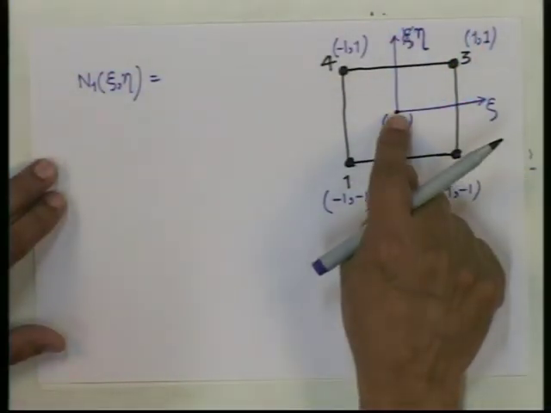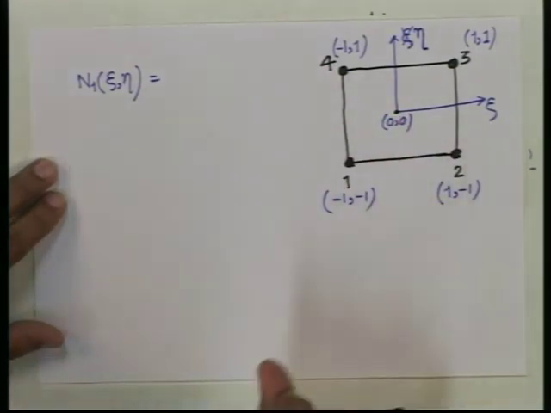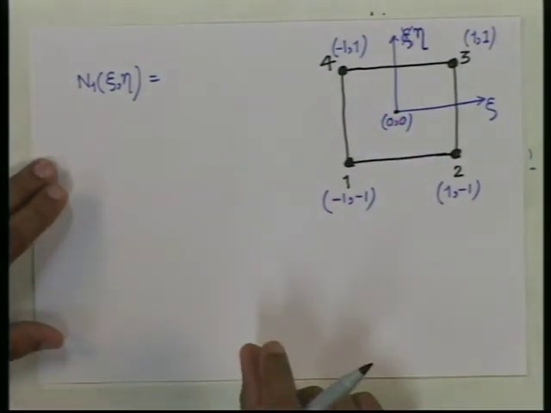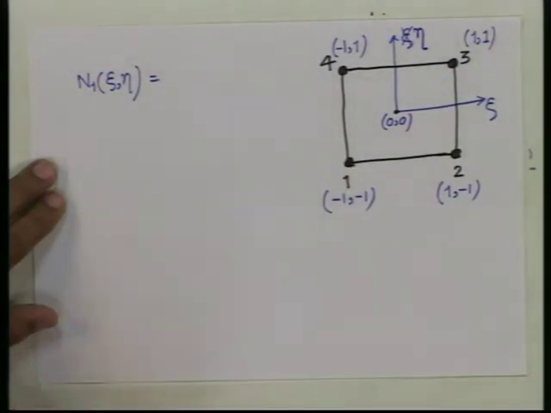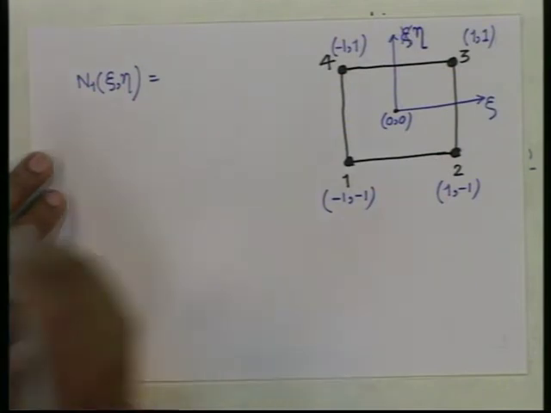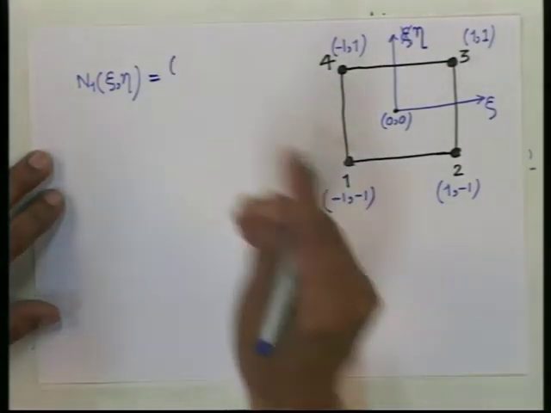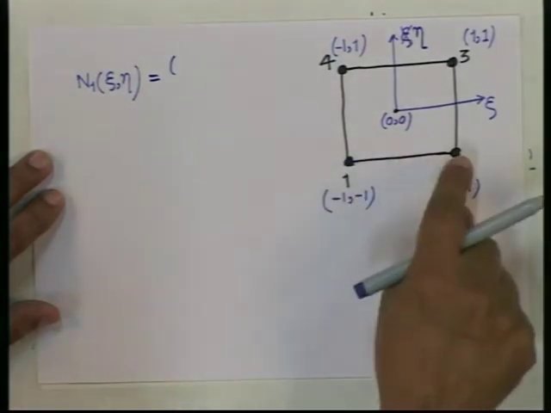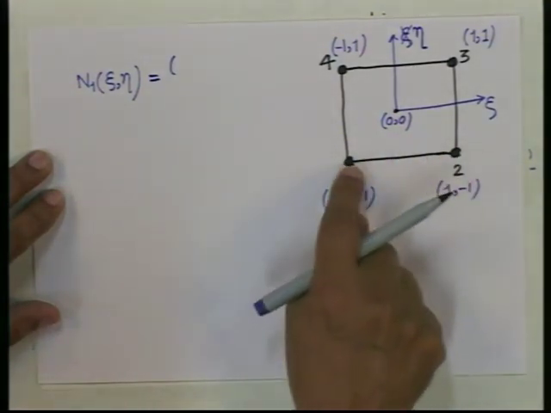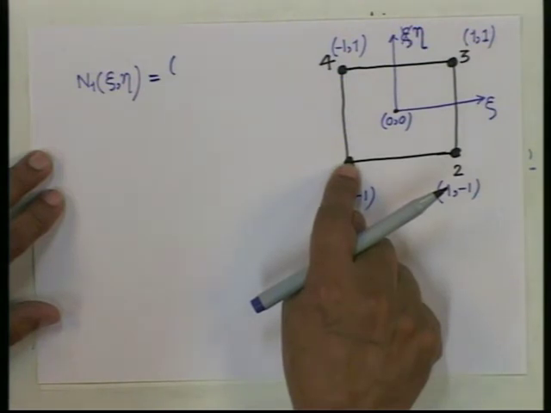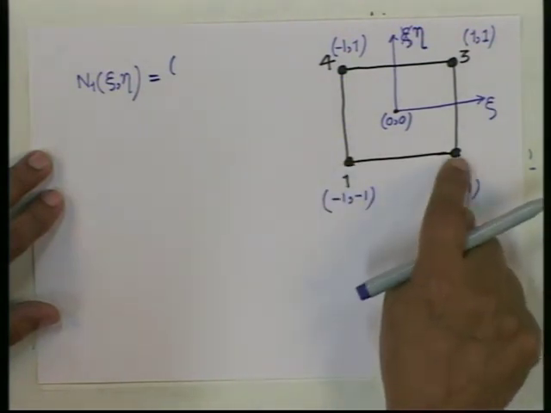First of all, think of the Lagrangian polynomial in psi. There will be 2 products, psi minus this and psi minus this, but the node under consideration will not be written. So, it is psi minus this coordinate.